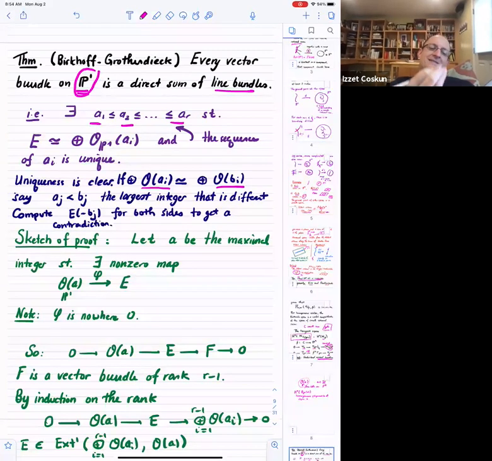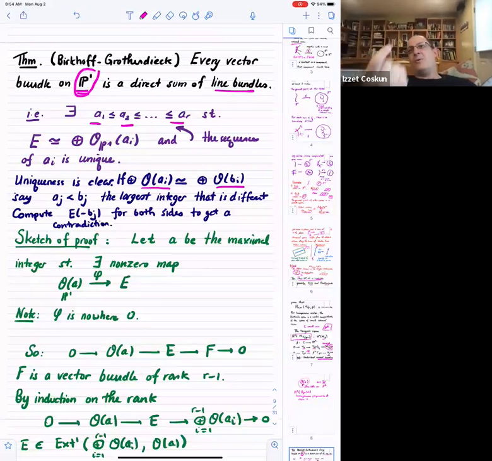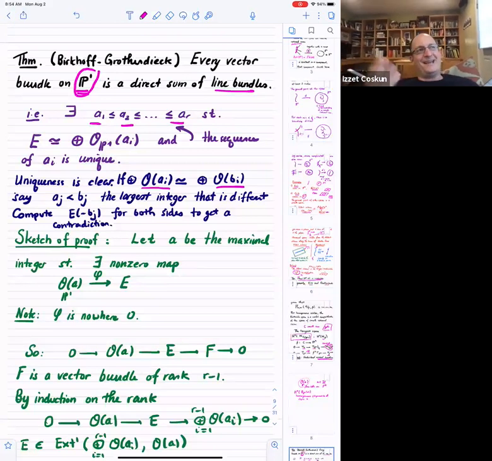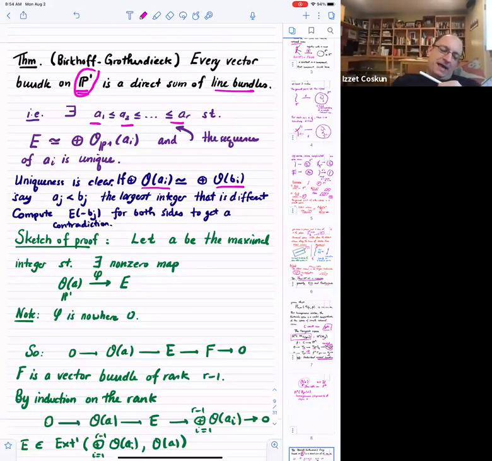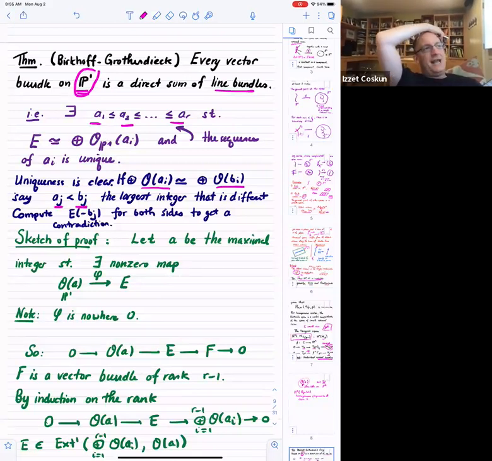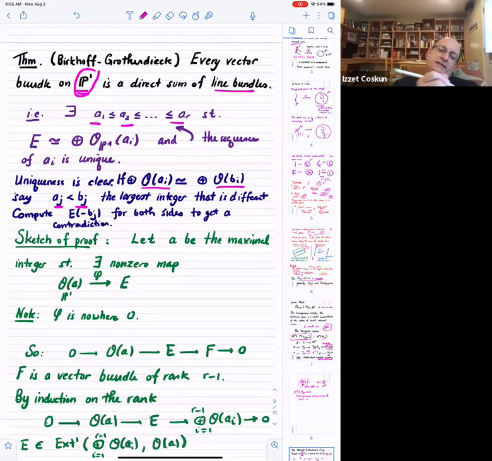Maybe B_R and A_R are the same, maybe B_{R-1} and A_{R-1} are the same, but maybe at some point they differ. Say B_J and A_J are the first time they differ, up to J, and so on and so forth. Let's say A_J and B_J are at the largest index J for which they differ. Okay. But you see now what you can do is take this E and twist it by minus B_J.